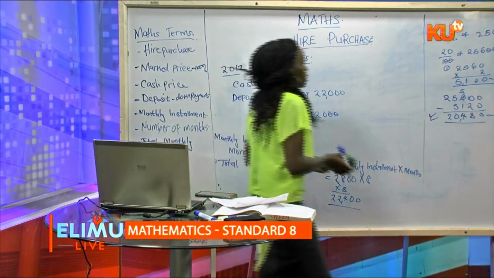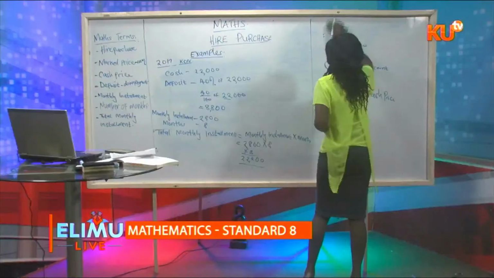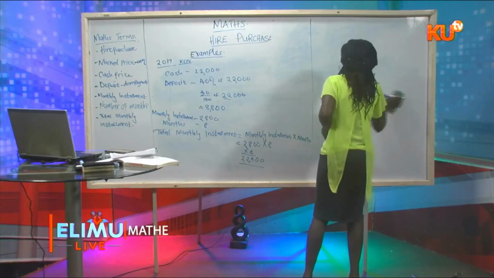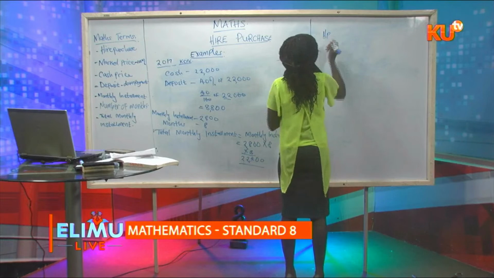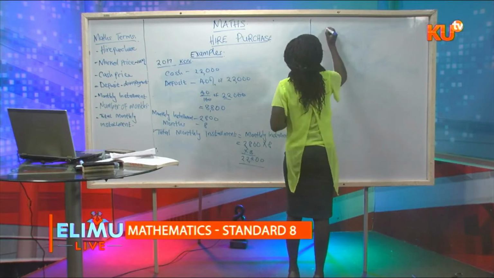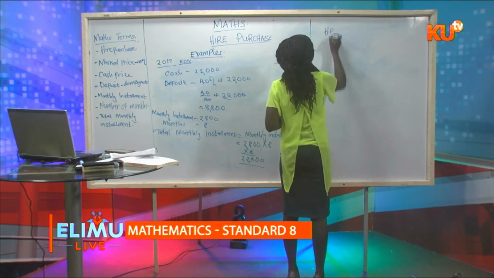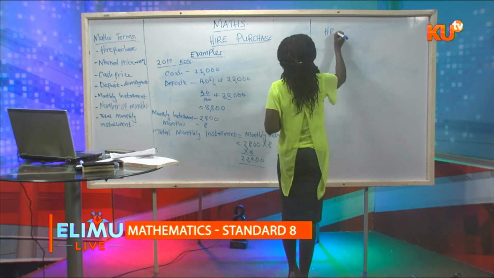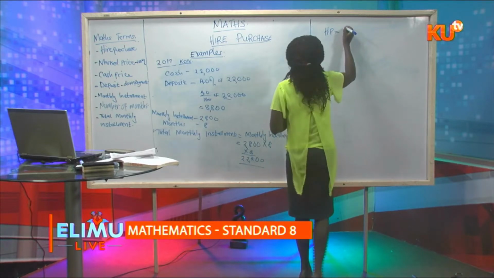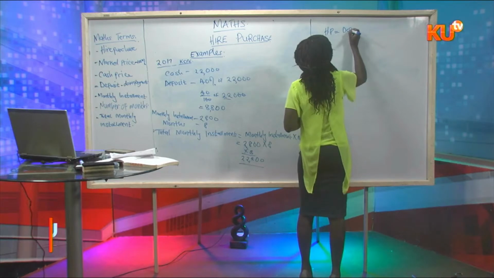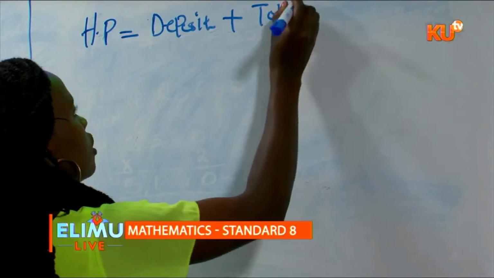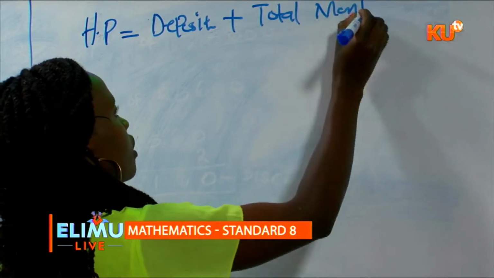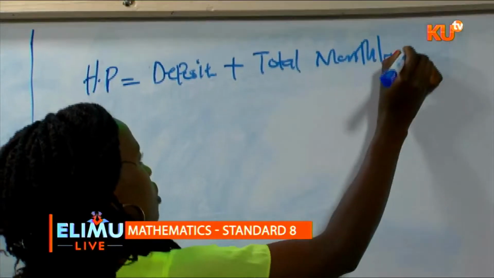We get the hire purchase. So allow me to shorten HP to stand for hire purchase. To get the hire purchase, we take the deposit plus the total monthly installment.